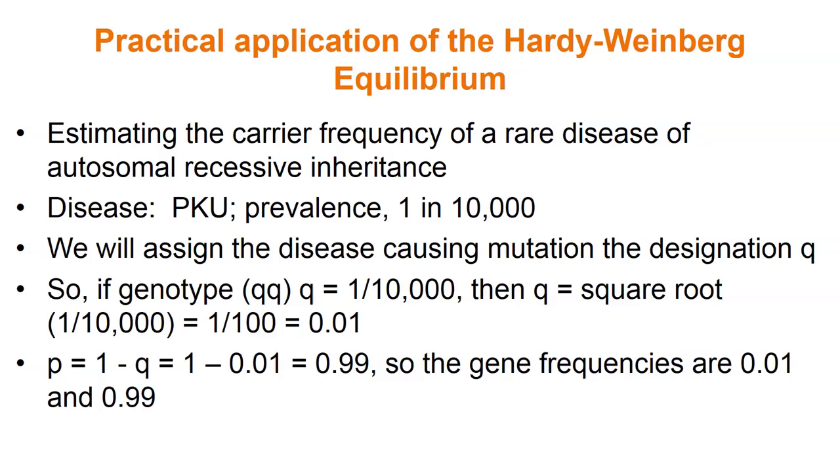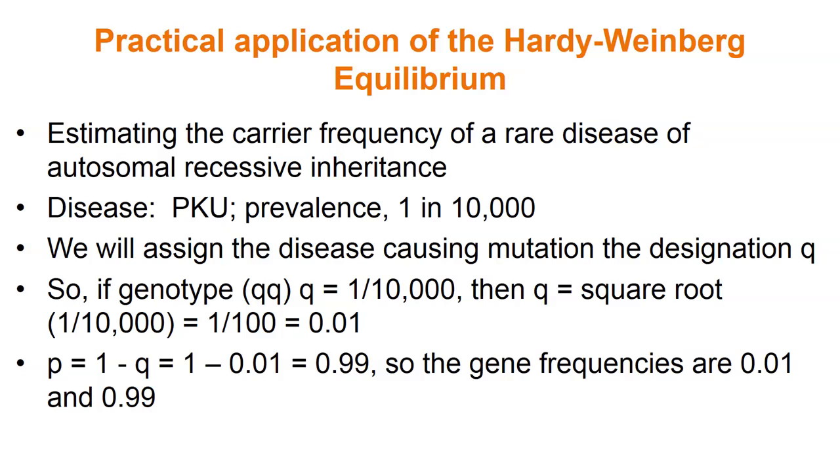Ultimately, the real practical application, and the thing that you end up seeing in the board review books, is to determine the rate of carriers of an autosomal recessive disease when you know the incidence of the disease, right?